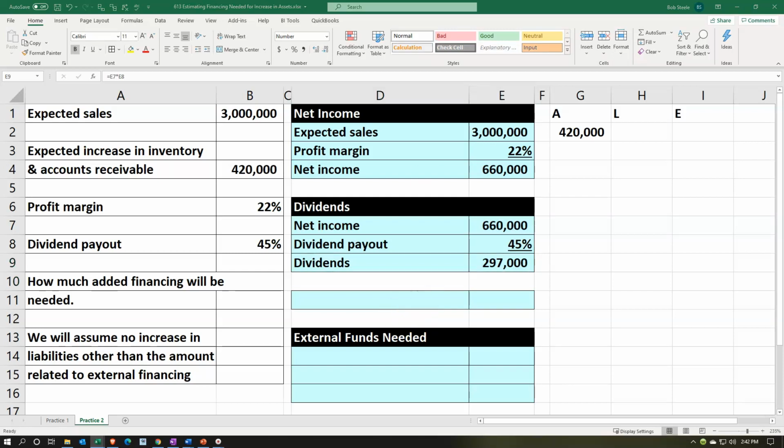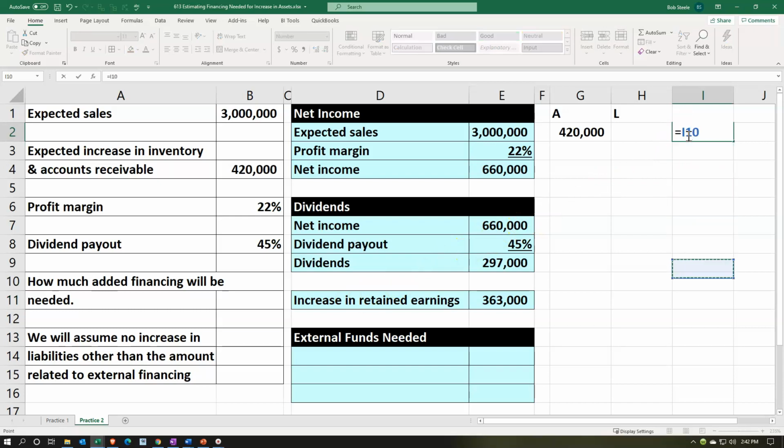So then the increase in the retained earnings is not just going to be the net income. It's going to be equal to the net income minus what we're going to have to pay out in dividends. And that means we have the 363,000. So that's going to be what our equity basically is, right? The 363. And now we've got to figure out what's going to be the external funds that are going to be needed.